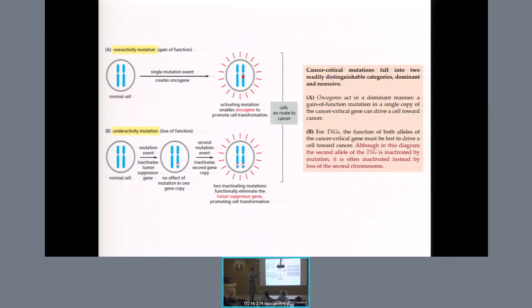So that's the difference. For oncogenes, you only need one mutation in the single copy of the gene. Here we know that every gene has 2 copies. For the suppressor genes, you need mutations on both the copies that will stop some protein from functioning, and that stoppage may lead to the emergence of tumors or cancers.